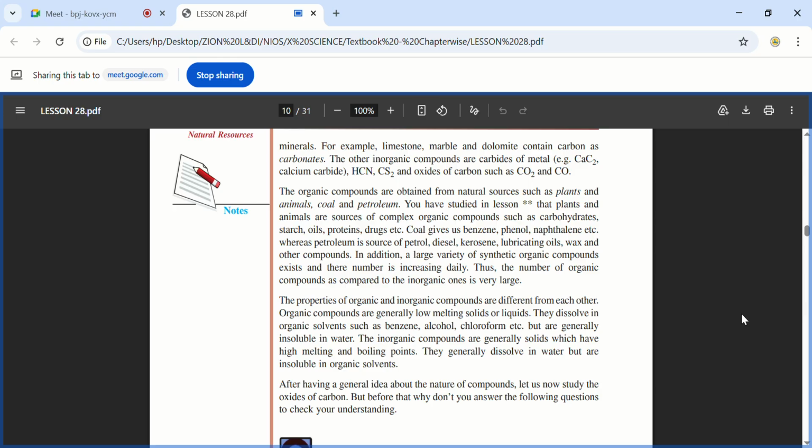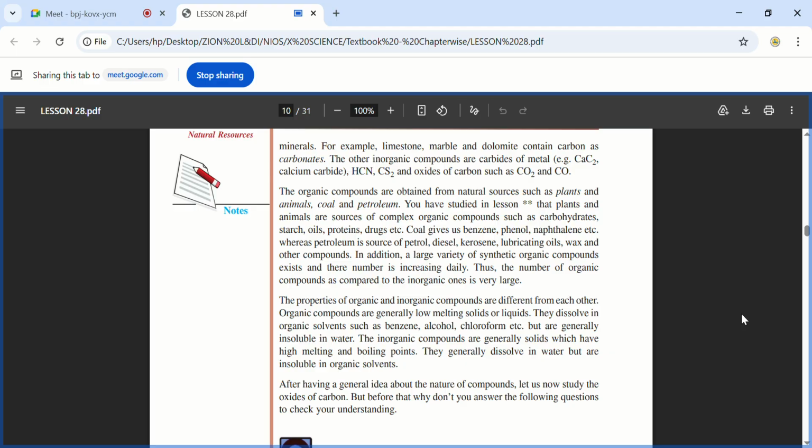The organic compounds are obtained from natural sources such as plants and animals, coal and petroleum. We have studied that plants and animals are sources of complex organic compounds such as carbohydrates, starch, oils, proteins, fats, etc. Coal gives us benzene, phenol, naphthalene, etc., whereas petroleum is a source of petrol, diesel, kerosene, lubricating oils, wax and other compounds.